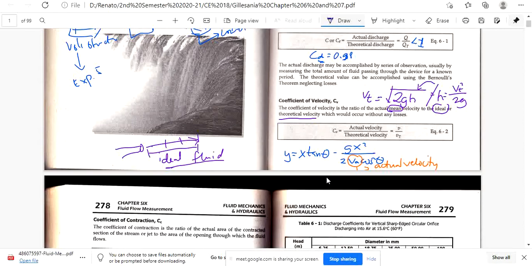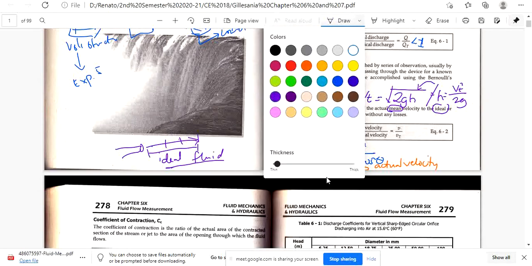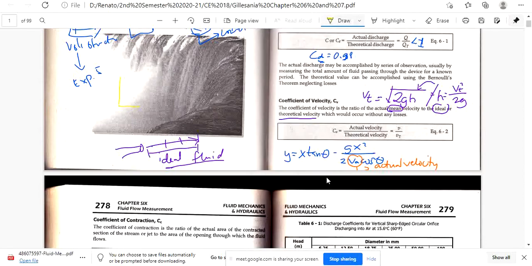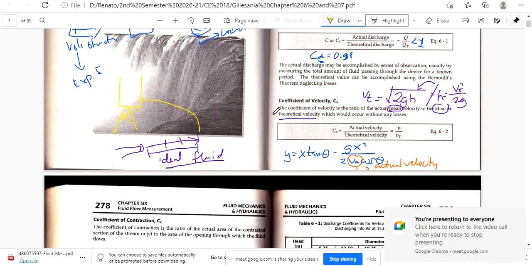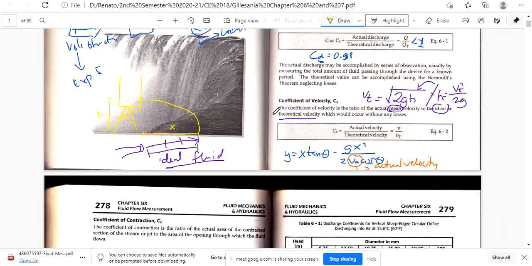In this figure nga kung imong maklaro katong sa kani maklaro sa yellow. So kung mao ni imong host, so kani this is your x and this is your y. So kay ubos man siya sa orifice, ang imong value sa y will be negative.